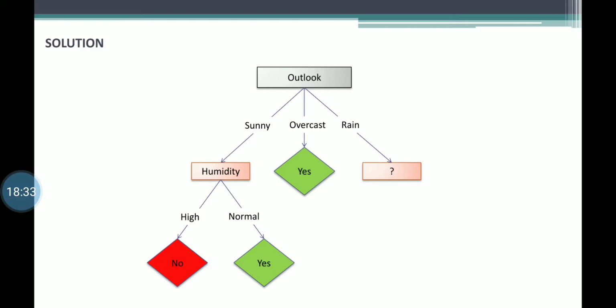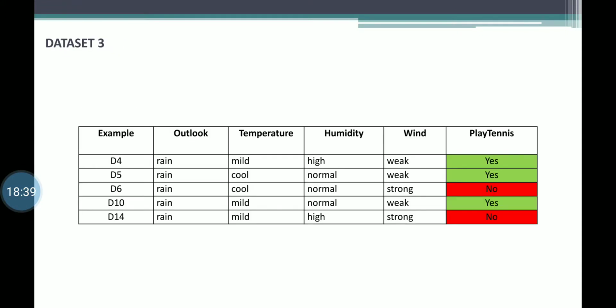Next step is to go for rain. So you are supposed to extract the subset for rain, and you are supposed to go with the similar procedure for obtaining the subtree of the rain. So here in this case, what happens? Humidity is already selected.